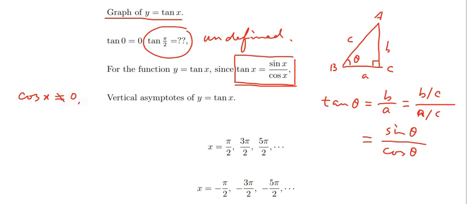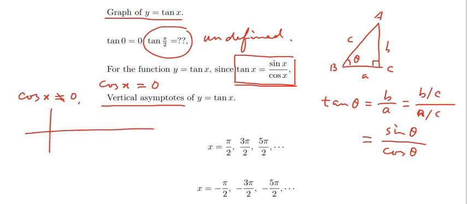If the denominator equals 0, that is, cosine x equals 0, those are asymptotes. So for the tangent function, we have vertical asymptotes. Let's check when cosine equals 0. We check the graph.